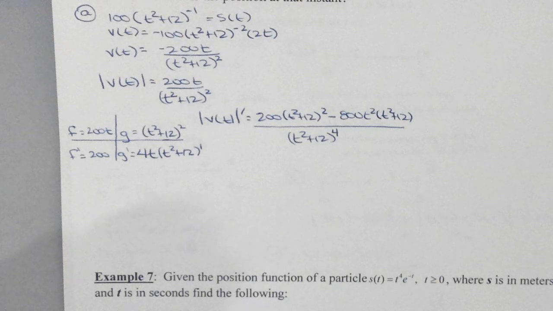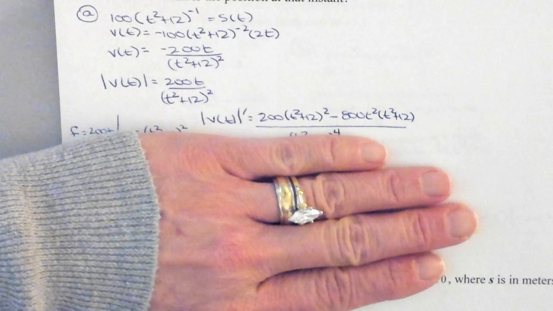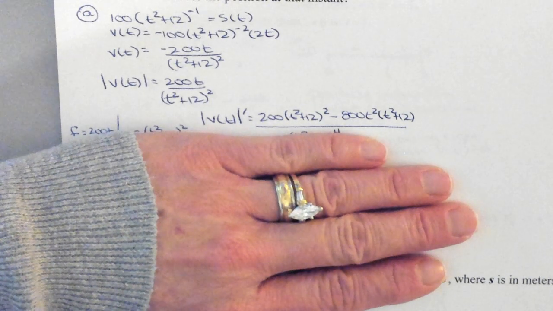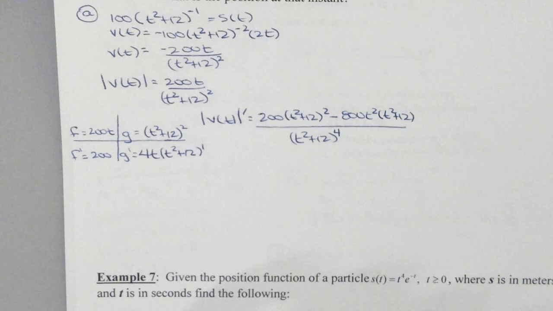Remember, we have to get critical numbers from this, so let's try to make it a little bit simpler. Take a look at the top, don't look at the bottom yet. Can I factor out a greatest common factor to make my life a little bit easier? Yeah, I could. What could I take out? I could take out a 200 times t squared plus 12.